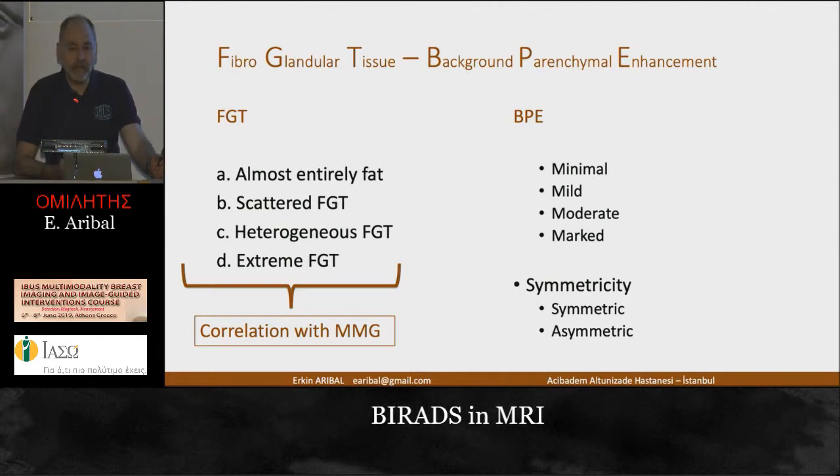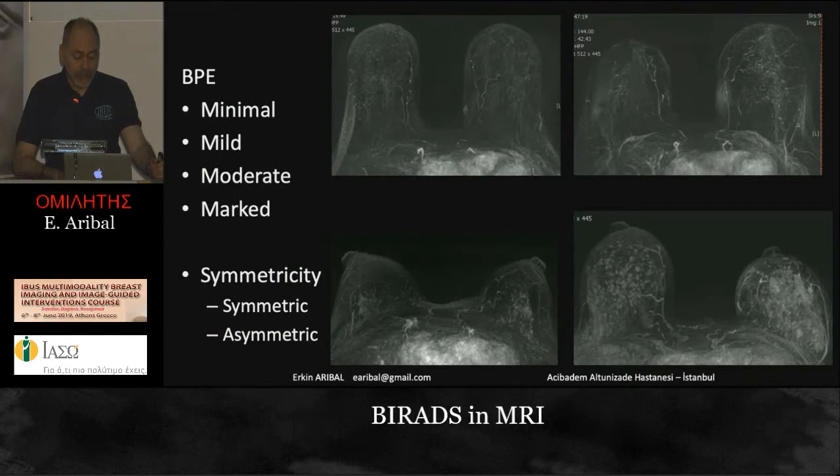We don't have it on mammogram, but we will have it on contrast mammogram anyway. It's categorized as minimal, mild, moderate, and marked, and you should also tell about this. Look also for the symmetry of the background parenchymal enhancement. These are examples of each category: minimal, mild, moderate, and marked for the MIP images.